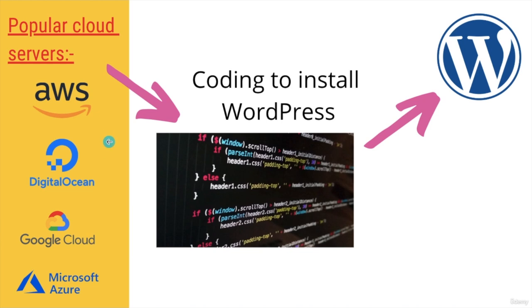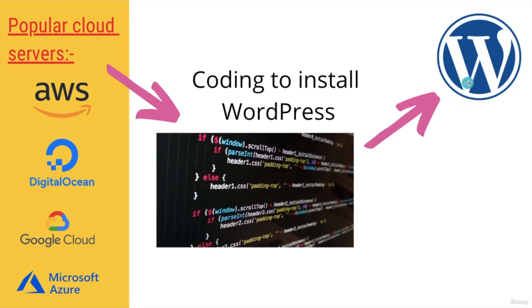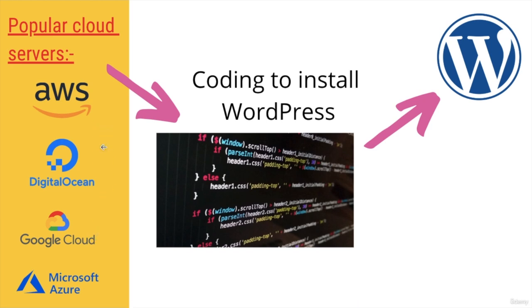Now the idea is that whatever cloud hosting or cloud servers you use, you need to do some kind of coding. For example, if you want to install WordPress, you need to do some coding inside these servers, whether you take Amazon, DigitalOcean, Google, Microsoft, or even Hostinger or Bluehost cloud services.